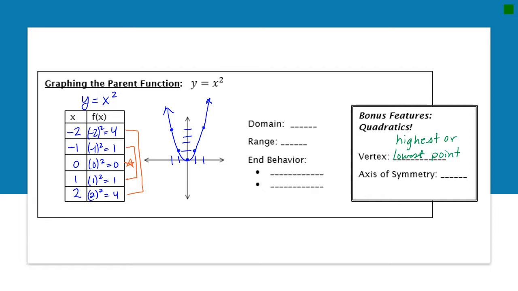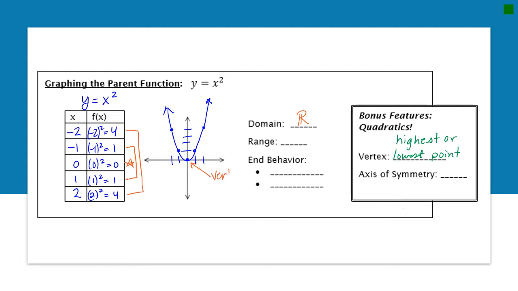We've talked a little bit about domain, range, and end behavior. The domain of a parabola is all real numbers because it's going to constantly be going farther and farther to the left and to the right. So it would eventually cover all the x values. The range is not all real numbers because you'll notice that it either has a highest or a lowest point. In our picture here, it has a lowest point, and that's this point right here.